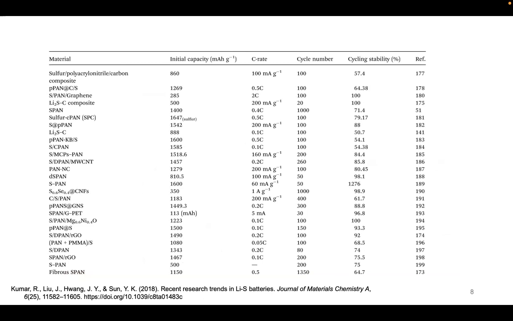What hasn't been tried is probably the better question to ask than what has been tried. Now, there's a lot of work with polyaniline and polyacrylonitrile because they're lightweight materials, they're conductive polymers. So you increase the electronic conductivity of sulfur, which is great.